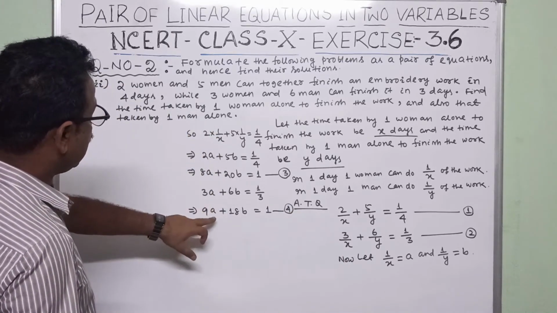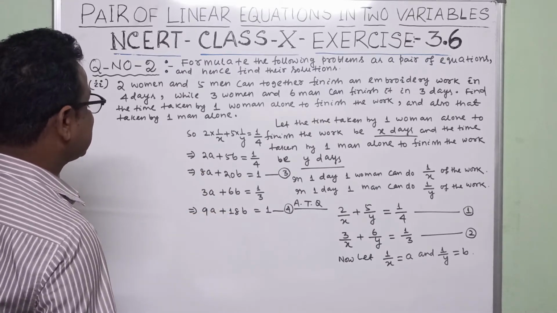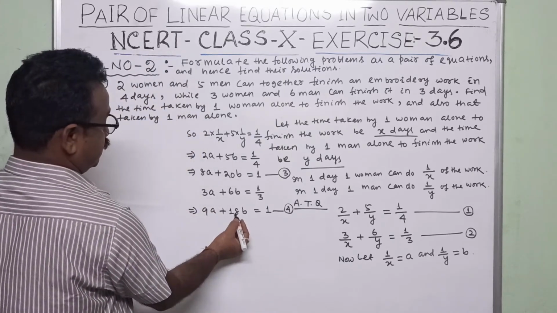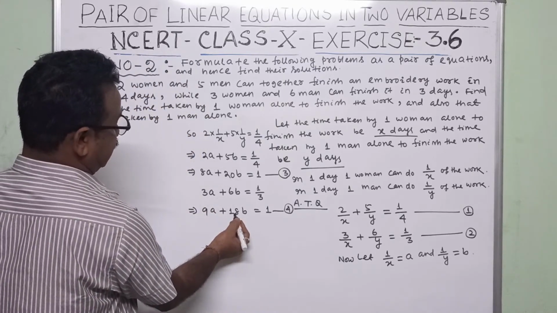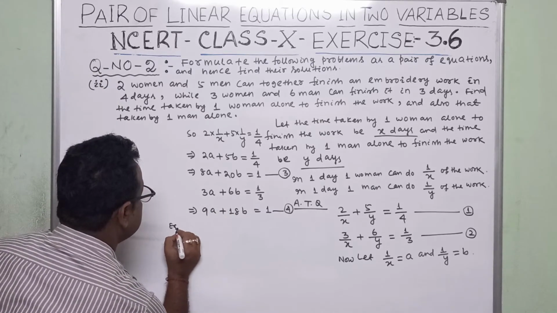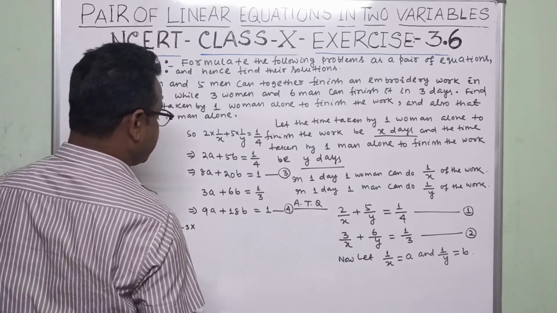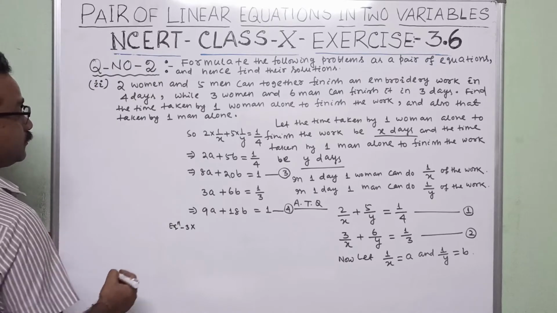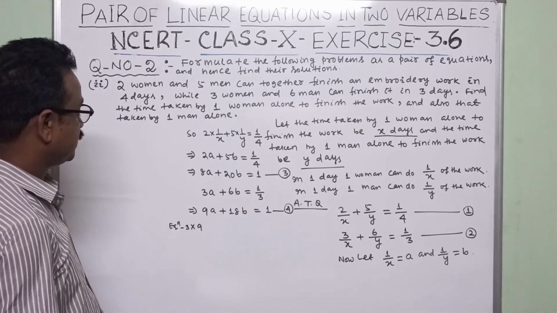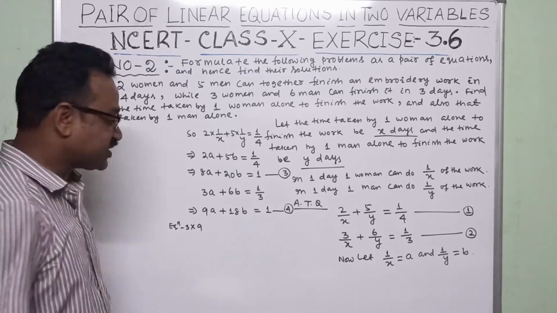Here 20b, 18b, any one we have to cancel it. So how to cancel? Now here, equation 3 we have to multiply by 9, a suitable non-zero constant.